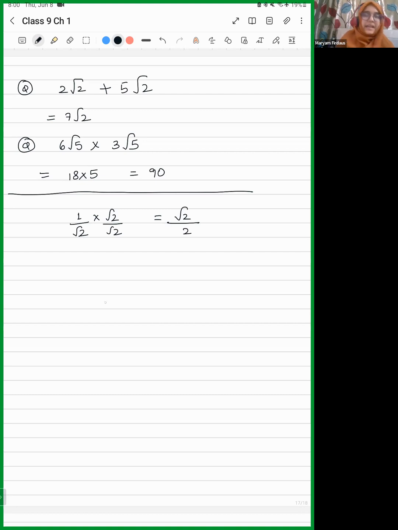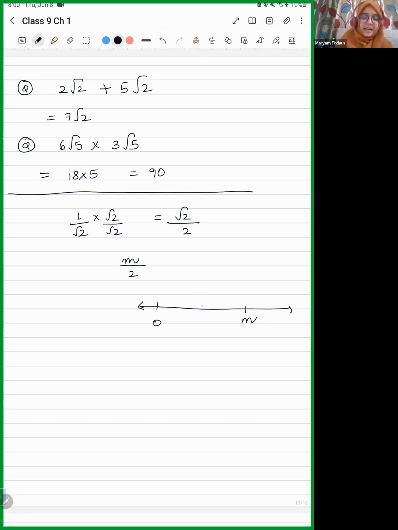See, anything divided by 2. If there is a number m, and I know where m is on the number line, then I can very easily tell where m by 2 is going to be. If this is my number line and this is 0 and this is my number m, then m by 2 is going to be where? Half of it.